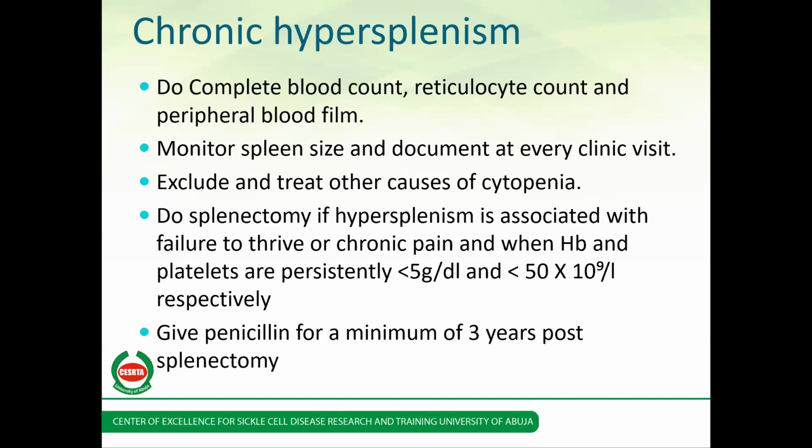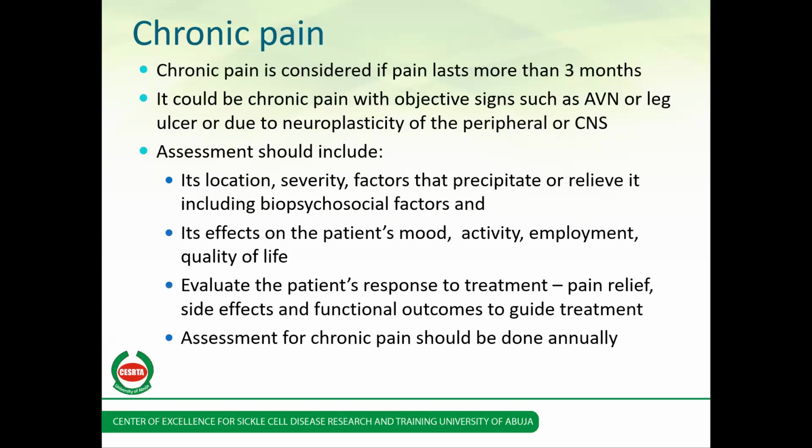So we need to monitor the spleen and document it in every clinic, and exclude and treat other causes of cytopenias. And one of the modalities is to do a splenectomy if the hypersplenism is associated with marked cytopenias.